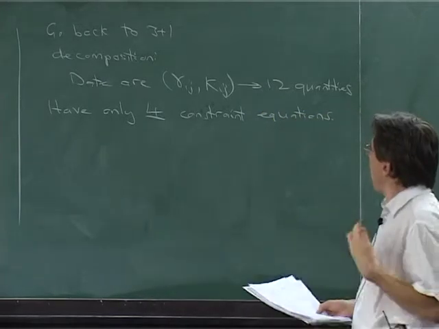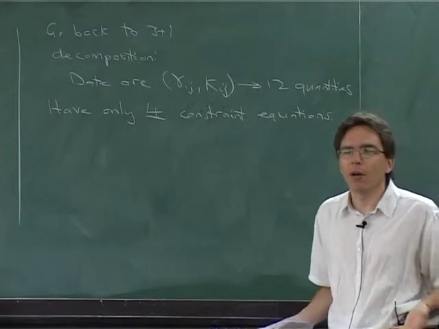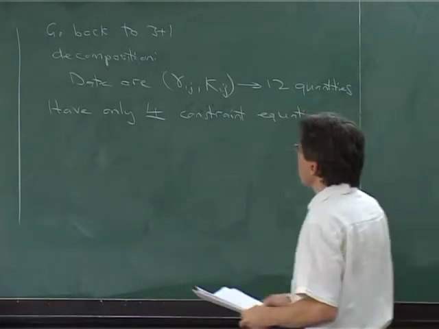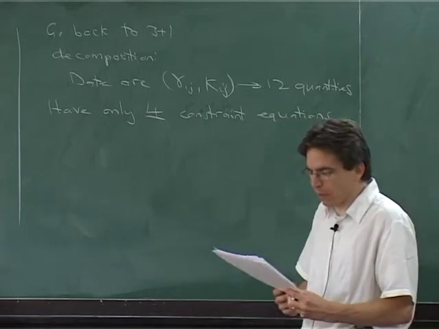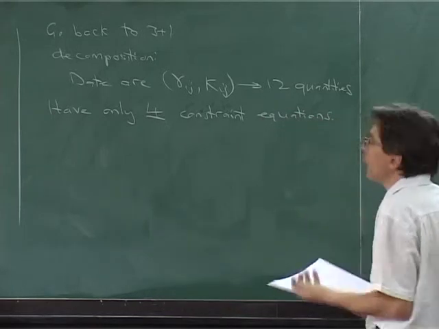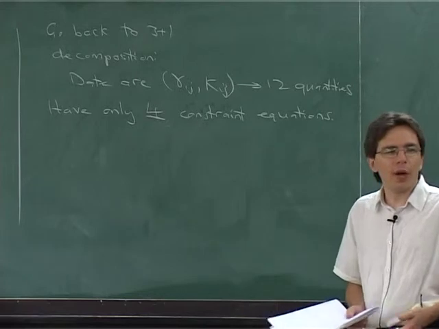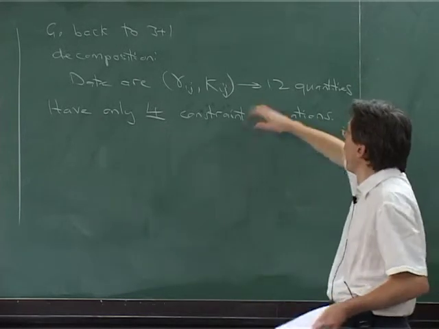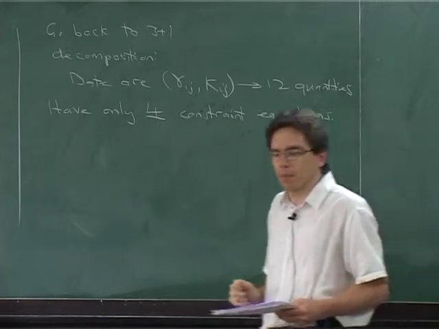So we have 8 quantities that are undetermined. And if you look at the constraint equations in their basic form, it's completely unclear which are the 4 quantities that are being constrained and which are the 8 which are free.